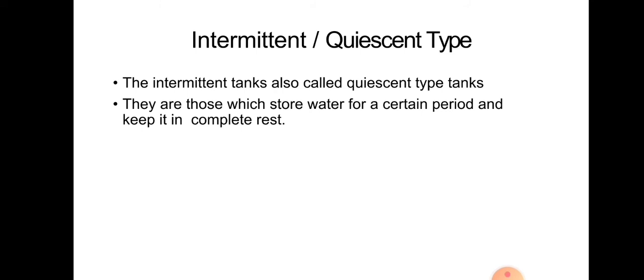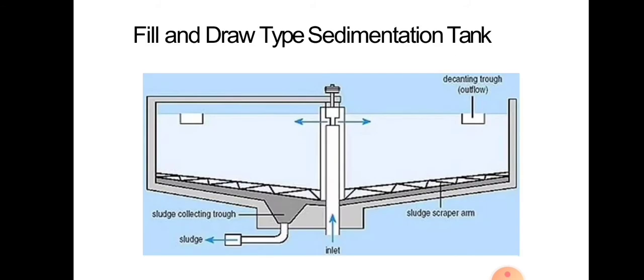So this cycle of operation, on the whole, will take about 30 to 36 hours for one cycle. So normally we will require 3 such units to sustain a constant supply of water for any water supply scheme. So this is the intermittent or the quiescent type.